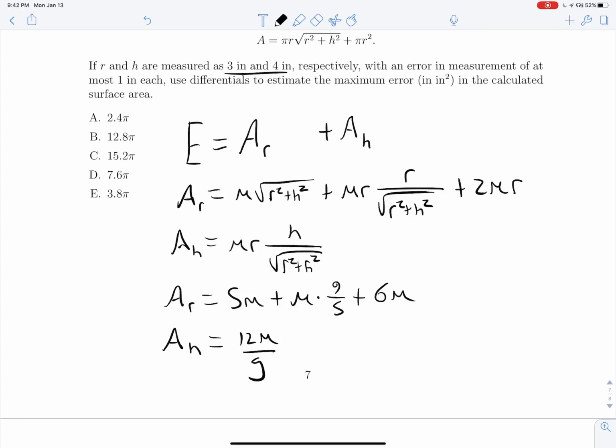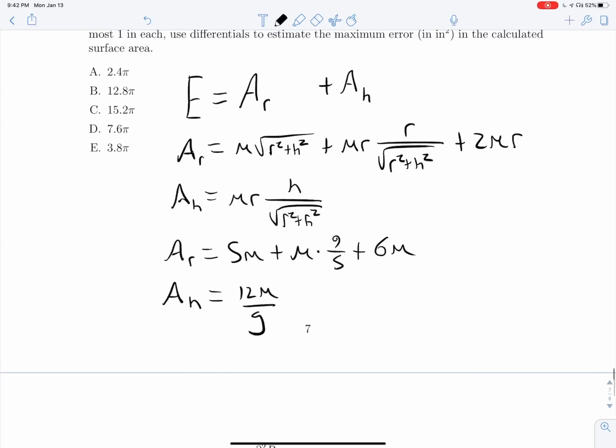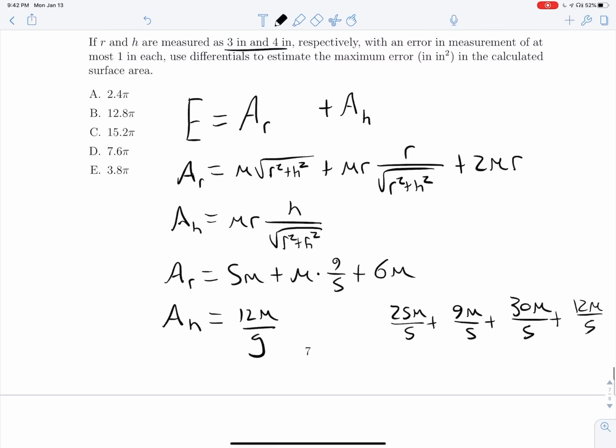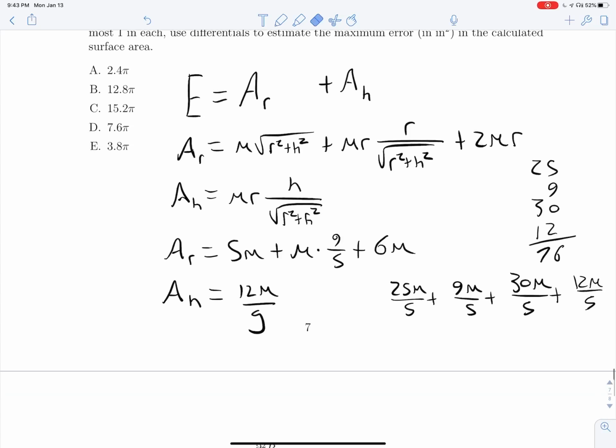And now all we have to do is add these two together, except this is a little bit of a pain, so bear with me. We'll have 25 pi over 5 plus 9 pi over 5 plus 30 pi over 5 plus 12 pi over 5. 25, 9, 30, 12, 14, 16, 76. 76 pi over 5.